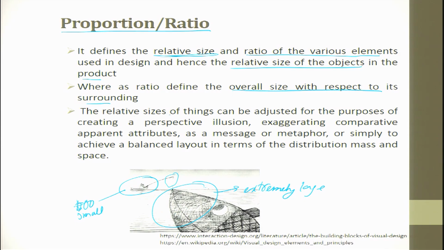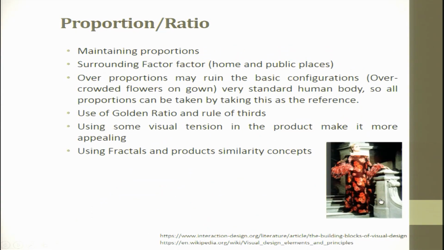The relative size of things can be adjusted for the purpose of creating a perspective illusion, exaggerating comparative apparent attributes such as message or metaphor, or simply to achieve a balanced layout in terms of the distribution of mass and space. We always try to give importance to ratios and proportions. So, maintaining proportions is very, very important.